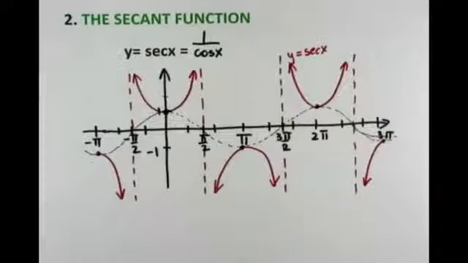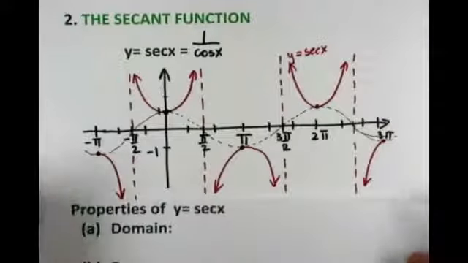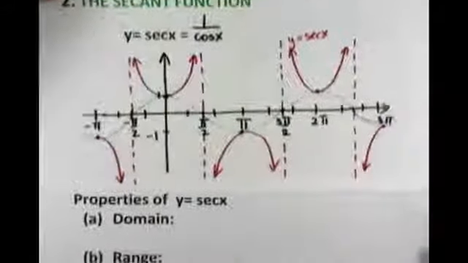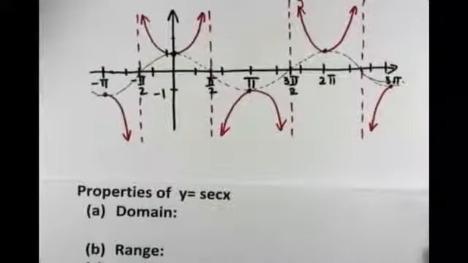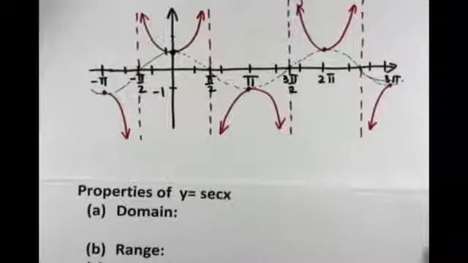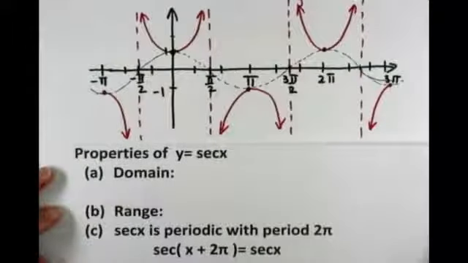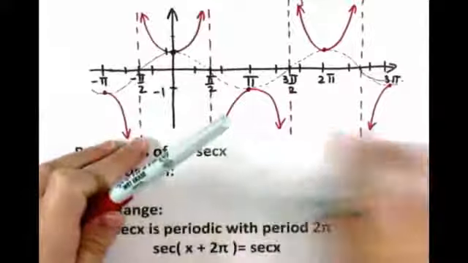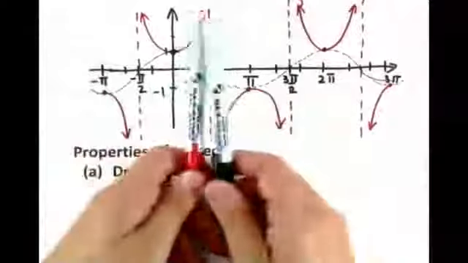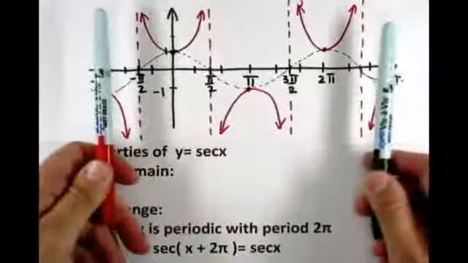Now we would like to find the domain, range, and other properties of this function. So domain is the window on the x-axis where my function keeps spreading.